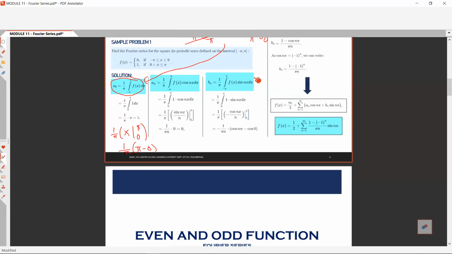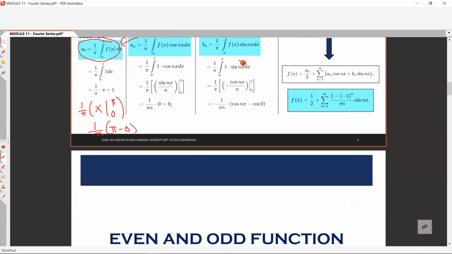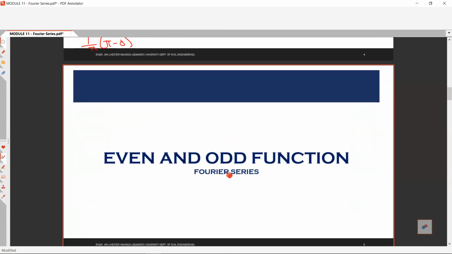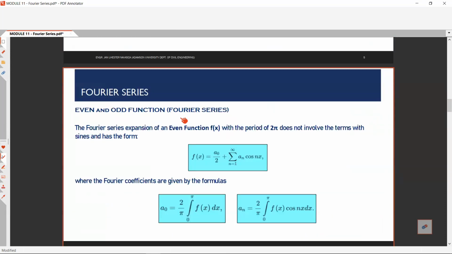Okay. So next natin is an even and odd function in the Fourier series. So what if you have your even and odd function? The Fourier series expansion of an even function f of x with a period of 0 to 2 pi does not involve the terms with sines and has the form this one.